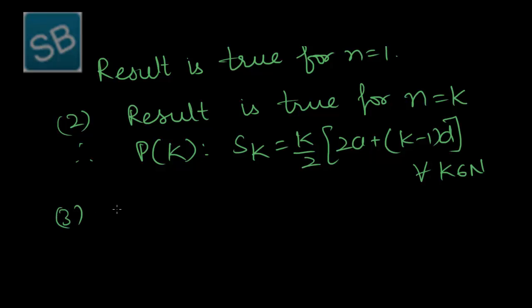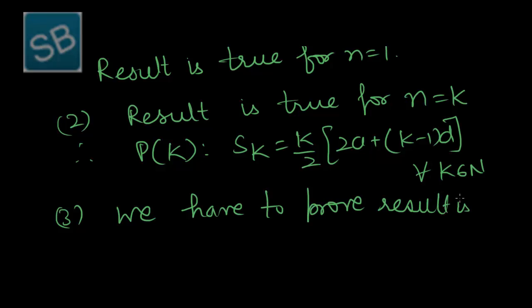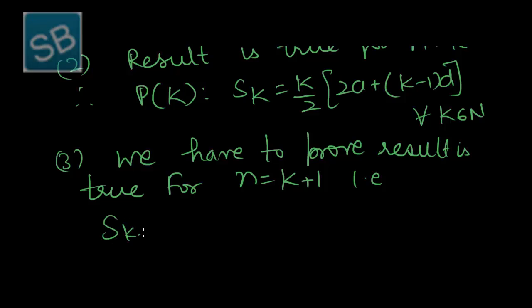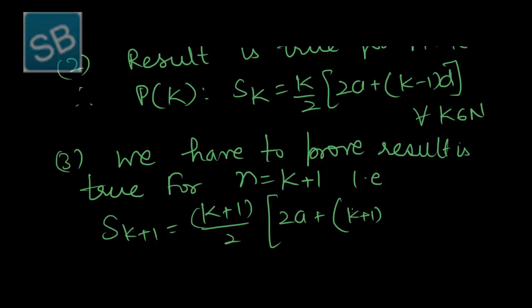Now we have to prove the result is true for n equal to k plus 1. That is, we have to prove S(k plus 1) is equal to (k plus 1) over 2, (2a plus (k plus 1 minus 1)d) for all k belongs to N.